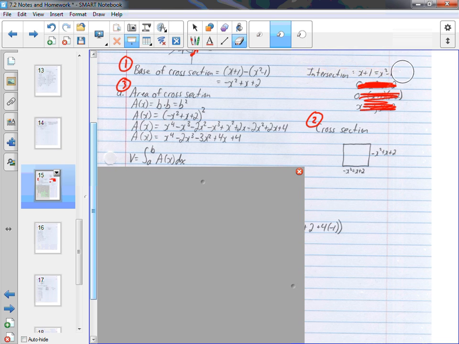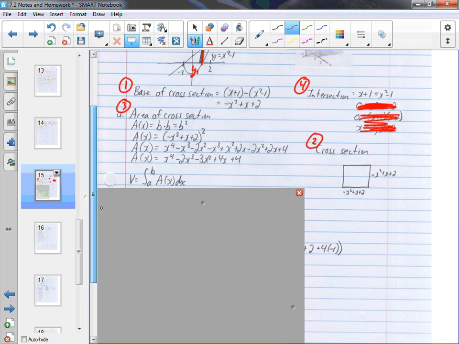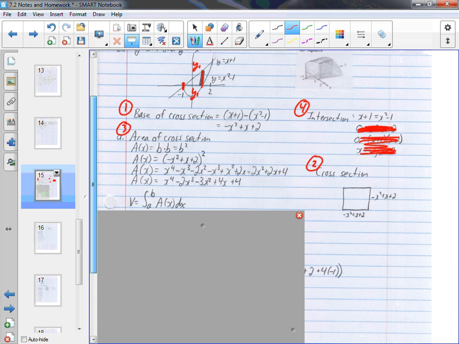So, here's the fourth thing I had to do before I can actually solve this problem. I got to find the intersections, right? I want to know the x-coordinate where they intersect there. I want to know the x-coordinate where they intersect there. How do you find the intersection of two graphs? Set them equal.